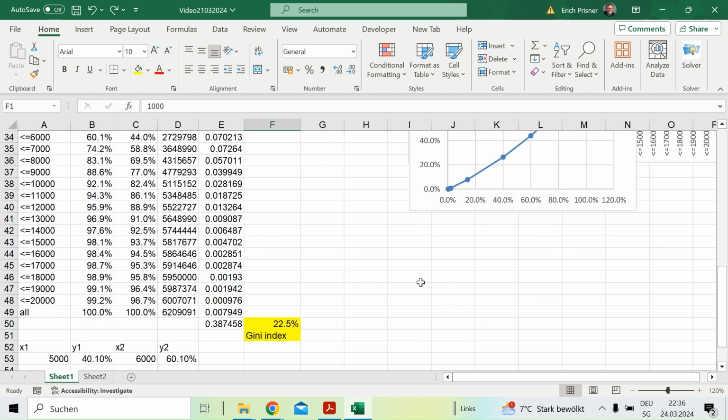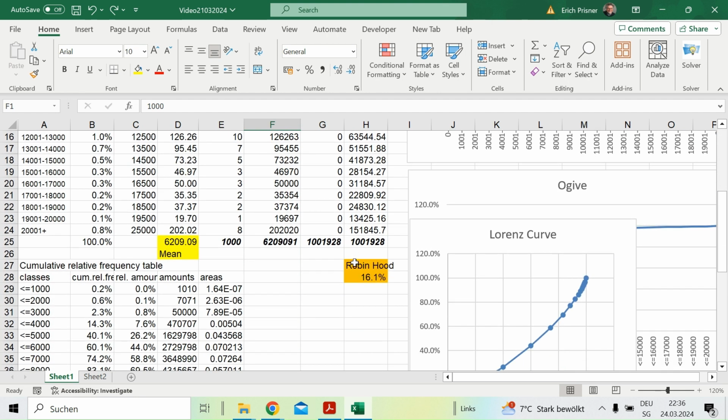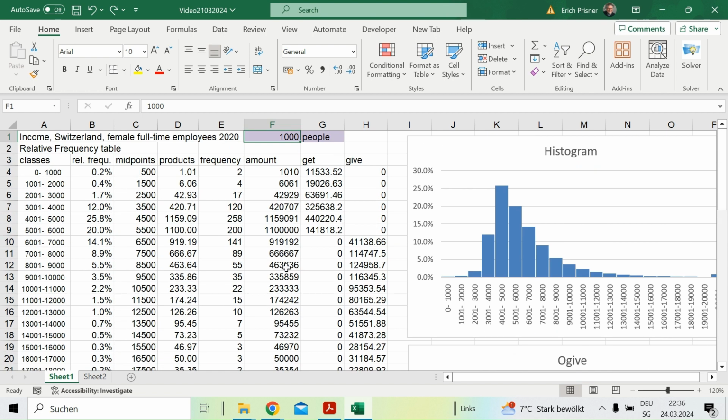Let me show you one more thing. Remember, we assumed 1,000 people, and I told you now repeatedly that this assumption is not really necessary. So look at the two values we calculated. We looked at the Robin Hood index in part 4 and got 16.1%. And for the Gini index, we got 22.5%. Now assume we don't have 1,000 people, but maybe 10,000 people.